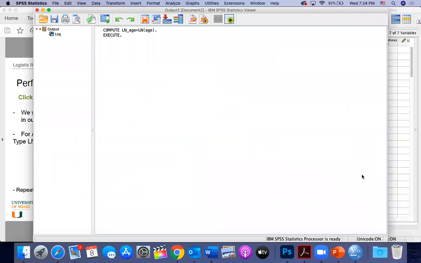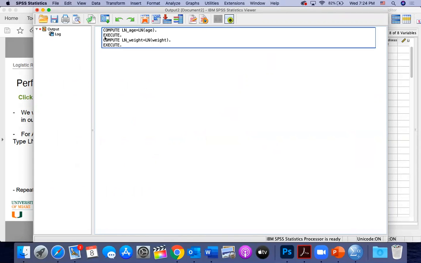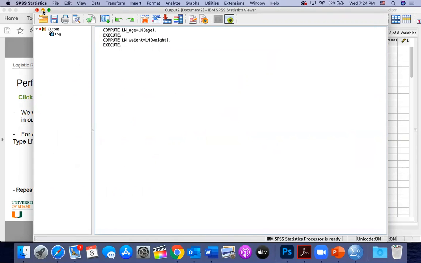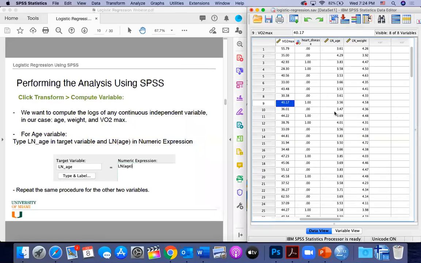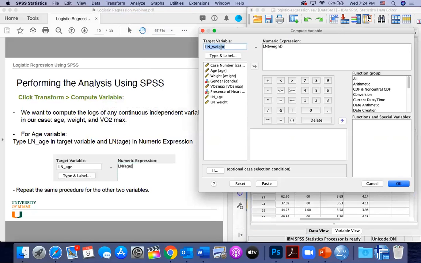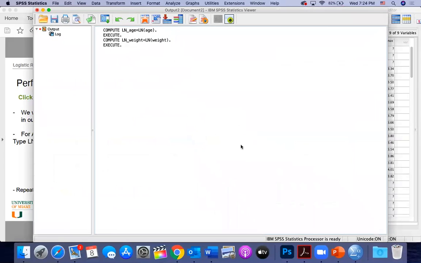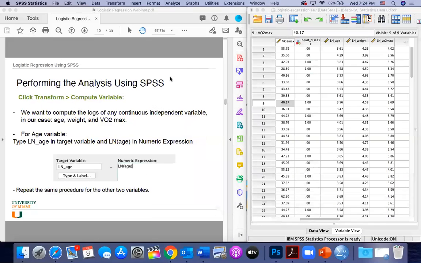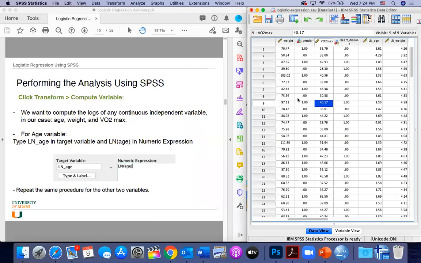There is an easy way if you are familiar with the syntax, but it's like a whole story. So I will just do the easy way. VO2 max. And you want to do this only for continuous independent variables, so you don't want to do it for gender.